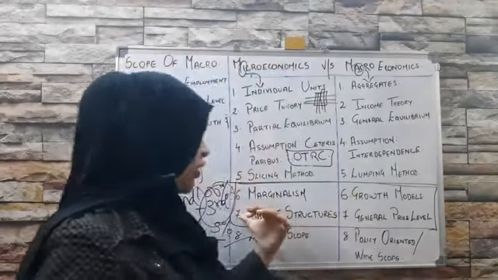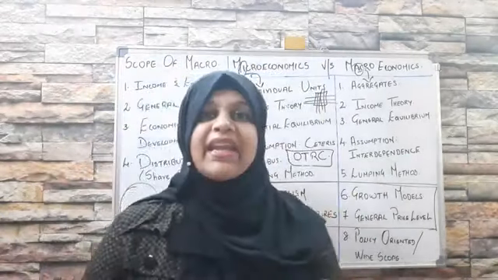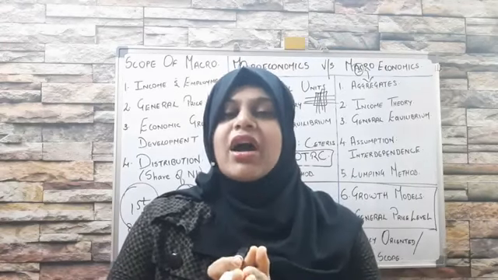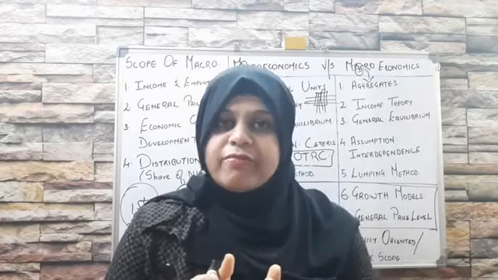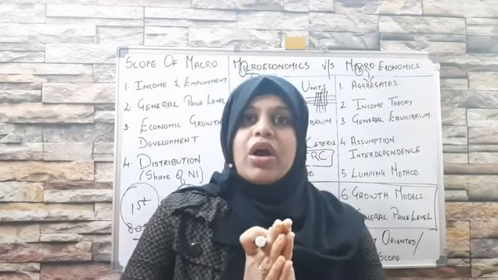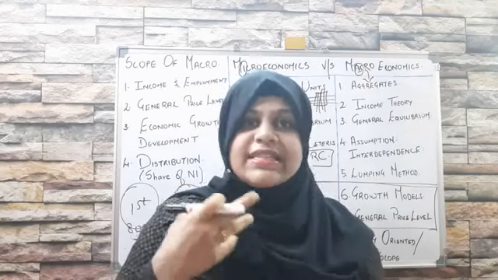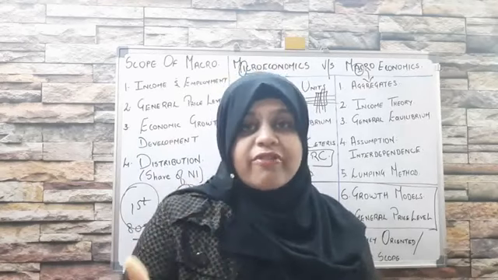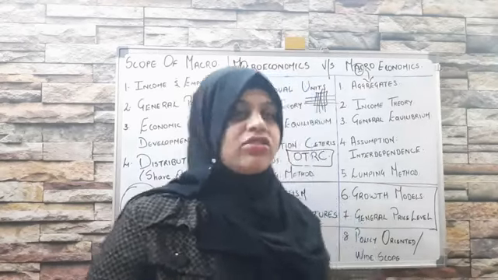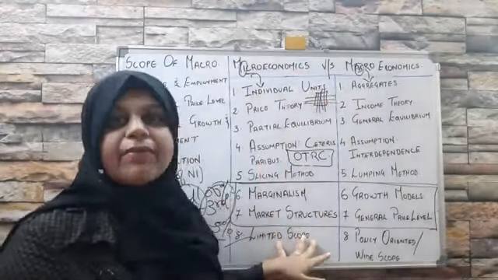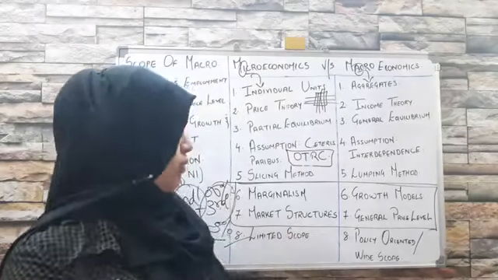So microeconomics helps in studying the different structures of market, wherein you get a detailed study of the buyers, the sellers, and the quality of products that they are selling. So we study that under microeconomics, and that is why it becomes a scope of microeconomics.